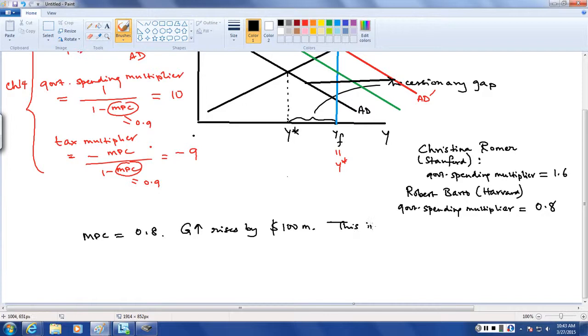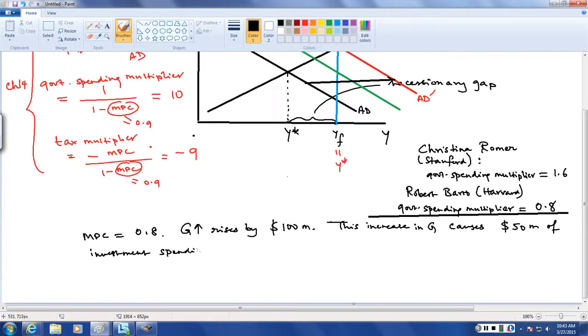This increase in government spending causes $50 million of investment spending to be crowded out.